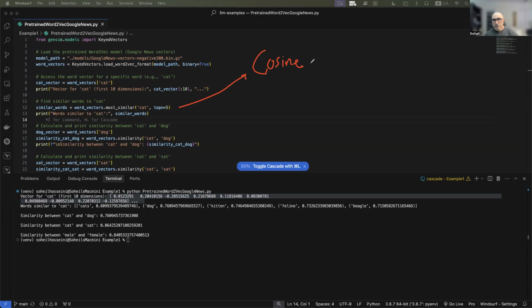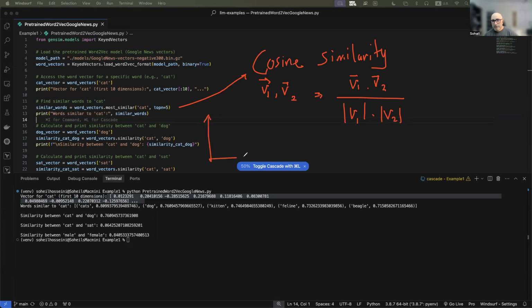So this is about cosine similarity. For any two vectors, v1 and v2, the cosine similarity is basically the inner product of these two divided by their magnitudes.